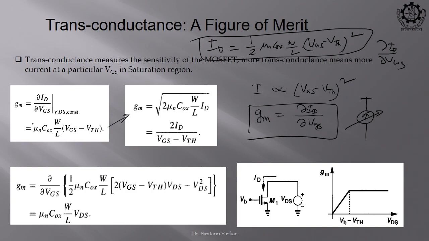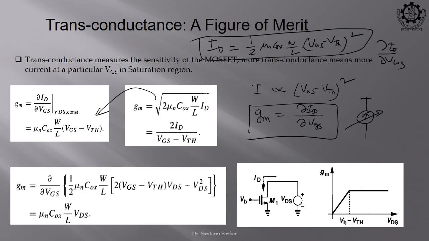I have to put one half here and I have to make it square. So, what are we lacking? We are lacking one 2 and another VGS minus VTH. So, if we multiply this with 2 mu n Cox, okay, W by L and take a square root, this will eventually come to these expressions. So, same expression, but they are expressed in 3 different formats.